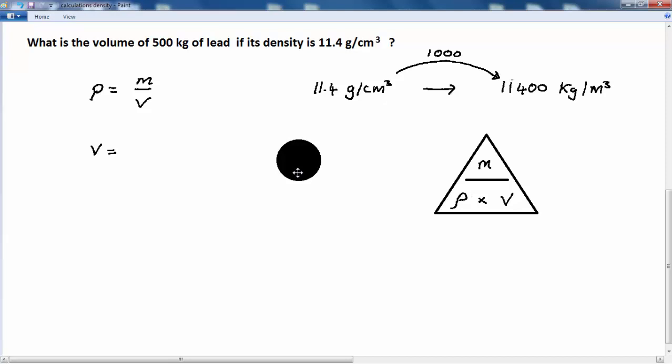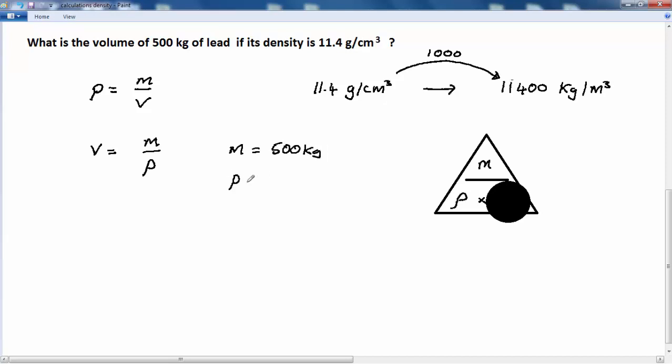And the next step we ask is, well, what are we looking for? Well, we're looking for the volume in this case, so we cover up the volume like that, and that leaves us with mass divided by rho. So that gives us the mass divided by the density. And so then we write out our values. So the mass is equal to 500 kilograms.